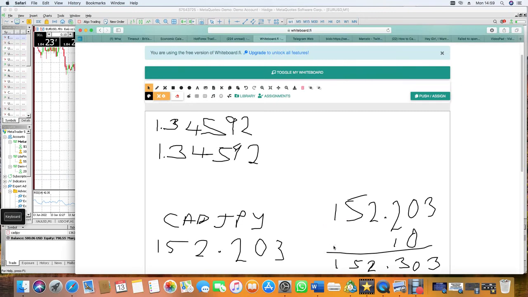So to sell that's going to be minus 10 pips. So let's calculate.